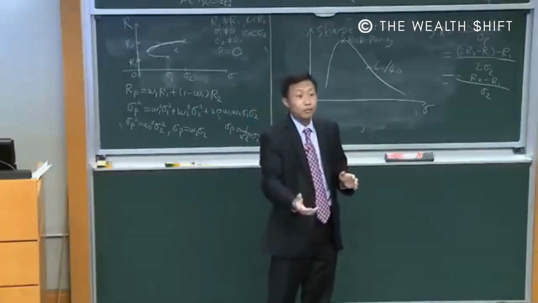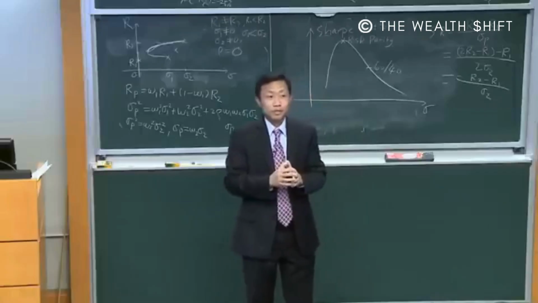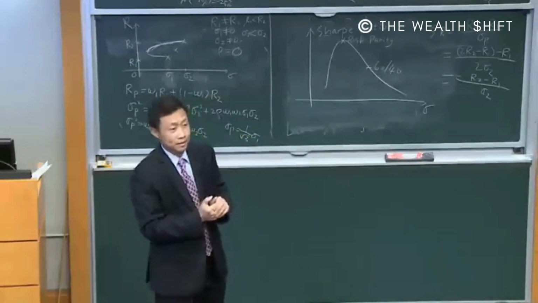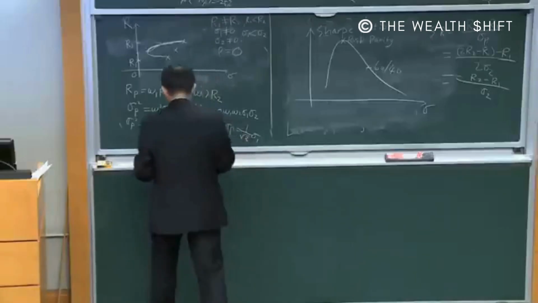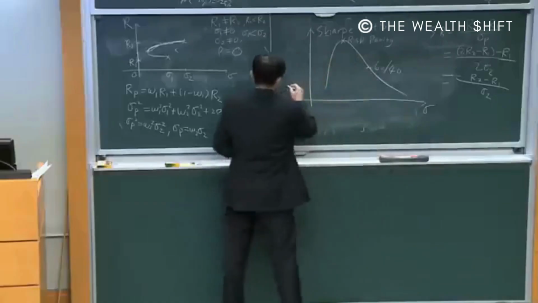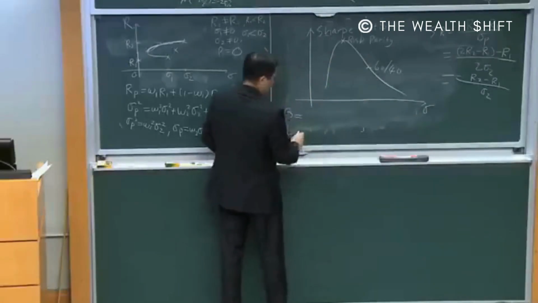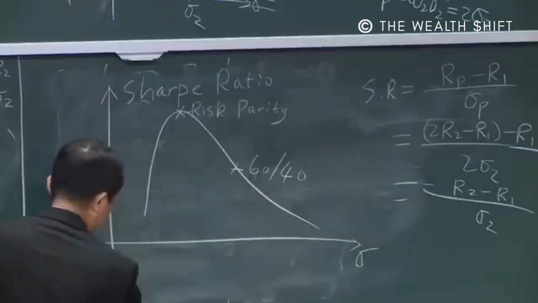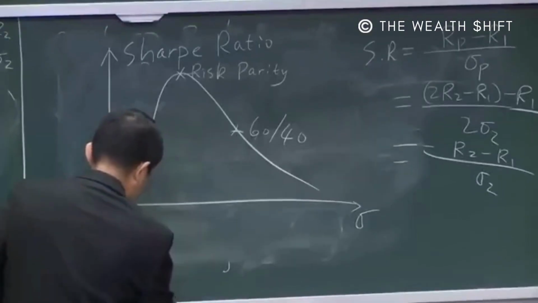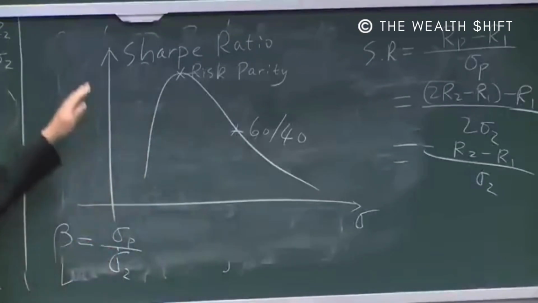When the portfolio becomes more volatile, is your beta increasing or decreasing? You can derive that. I'm going to tell you the result, but I'm not going to do the math here. So beta, in this special case, equals sigma p over sigma 2.